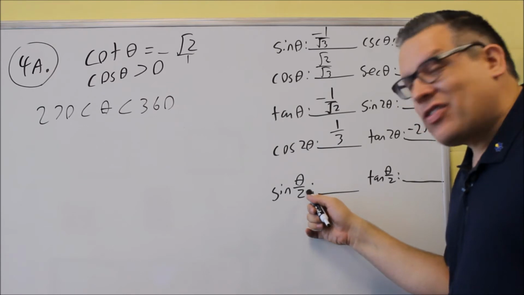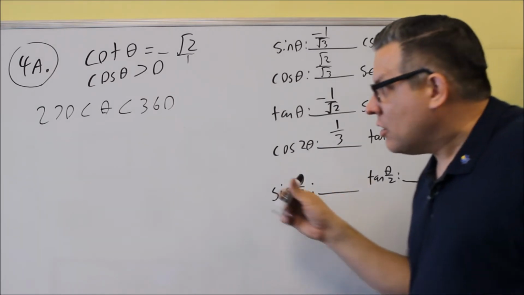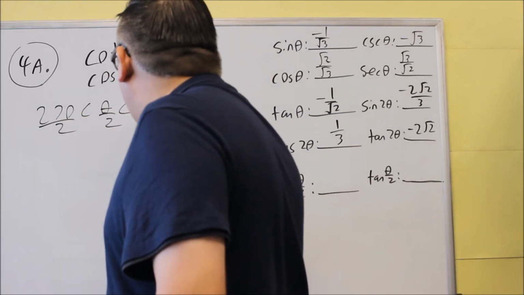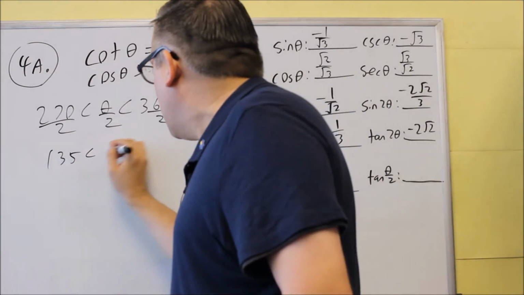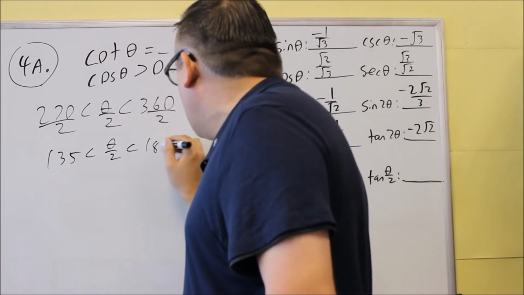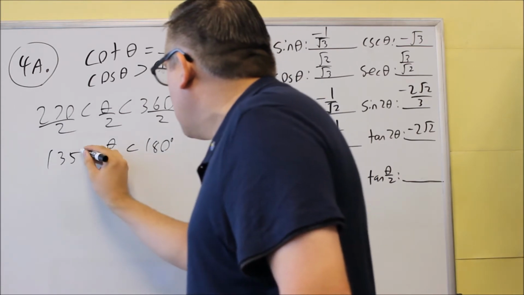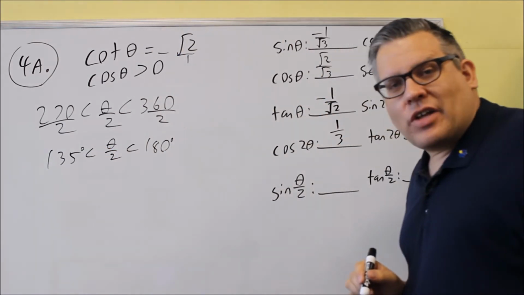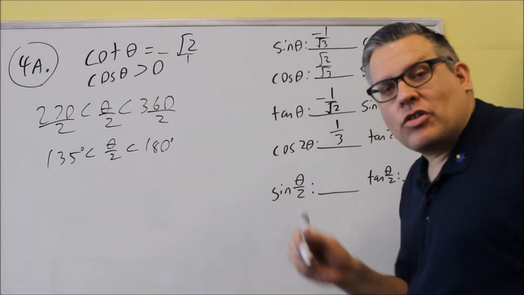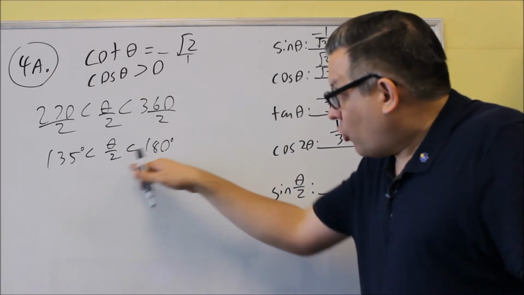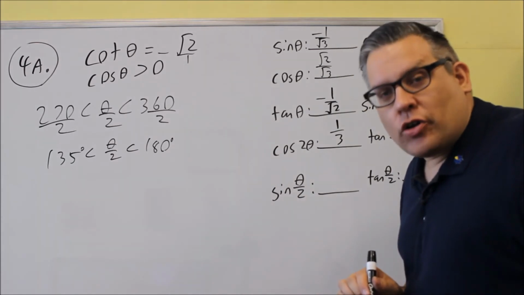So now we want to find theta over 2, what quadrant it's in. To do that, we're just going to divide everything by 2. And when you do that, you get 135, theta over 2, and 180. So this says that your theta over 2 is between 135 and 180. Now if you look at the quadrant it's in, that ends up being in quadrant number 2.